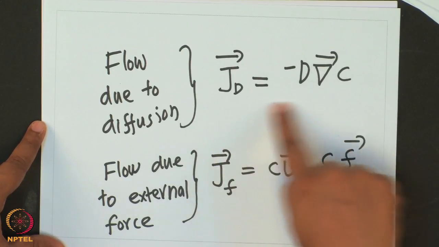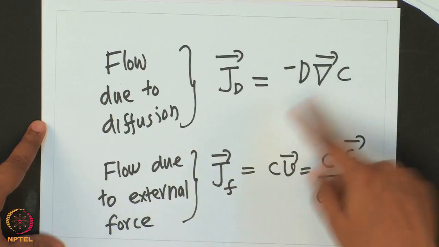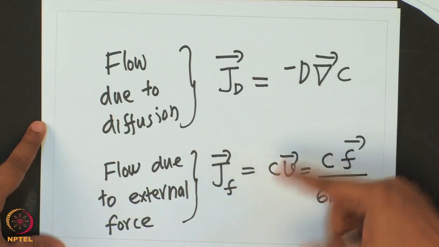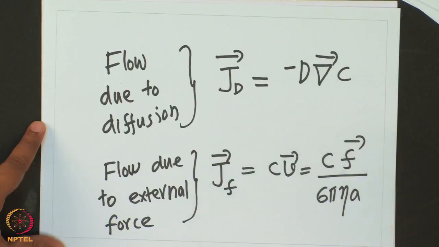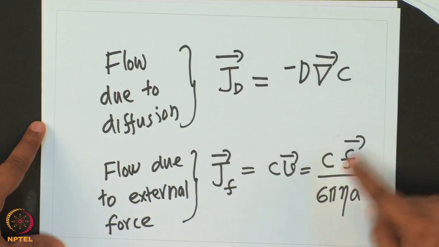I urge you to think about typical numbers that would be relevant for a biological context. Guess the numbers, it may be wrong, but still make an educated guess.